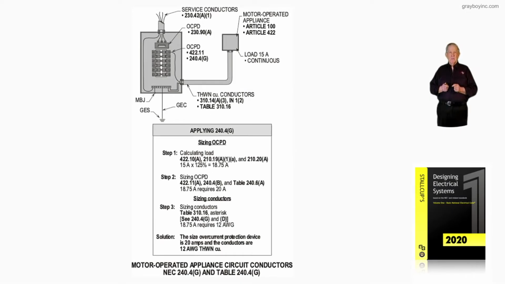Now this illustration deals with a motor-operated appliance and the branch circuit conductor supplying it in accordance with 240.4(G) and Table 240.4(G).